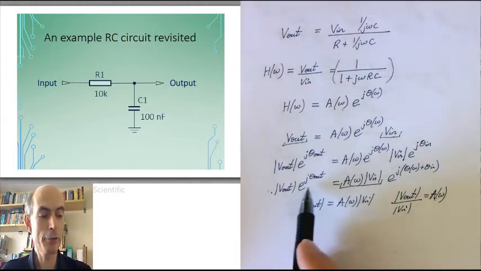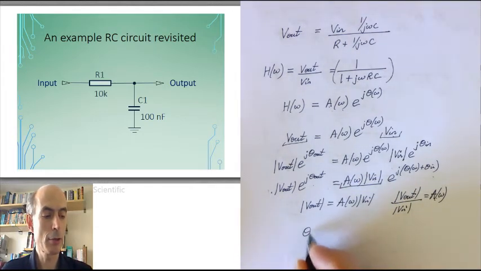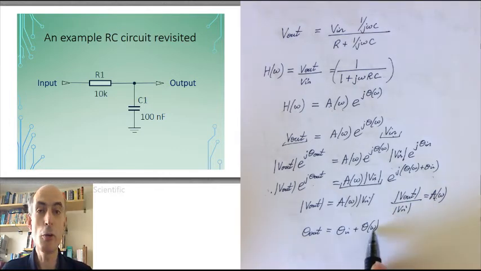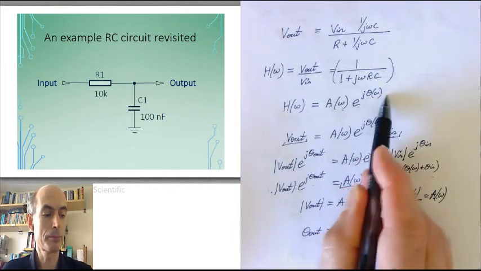And if I compare the phase of the right-hand side to the phase of the left-hand side in this equation, I would see that the phase of the output is equal to the phase of the input plus theta omega, which is the phase term in the frequency response up here.